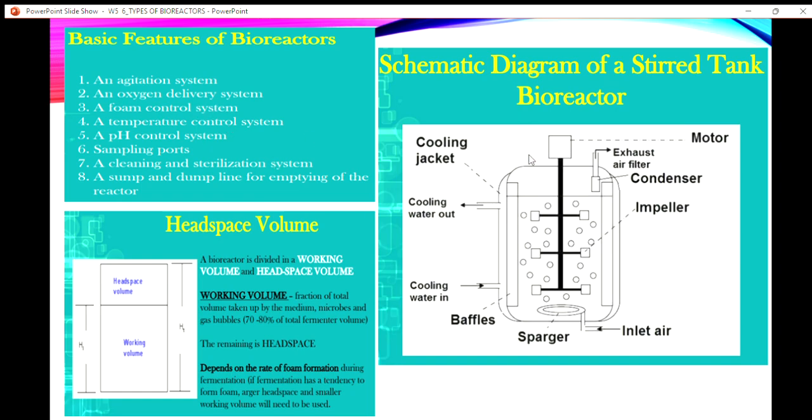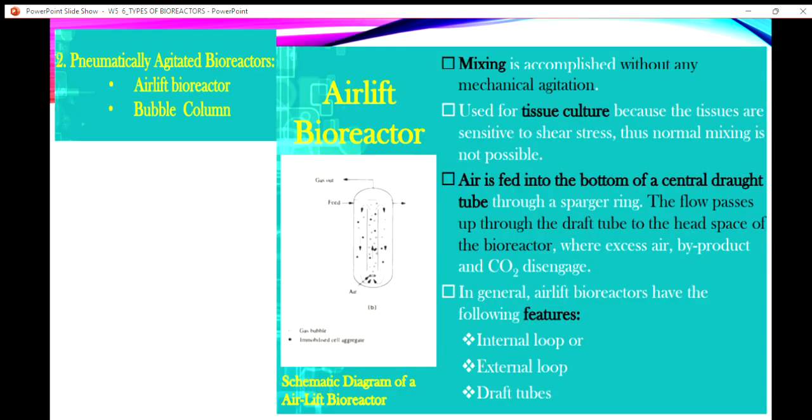Sampling port: you have to have a sampling port at the bottom and also at the top. Cleaning and sterilization: how to clean and how to sterilize your bioreactor. And the last one is a port to sump and dump line, to empty your bioreactor for the sterilization process.